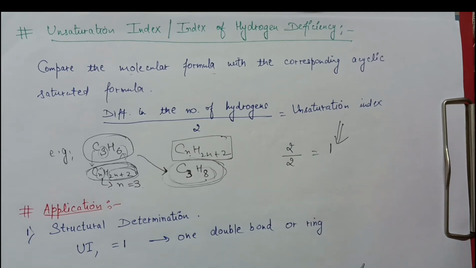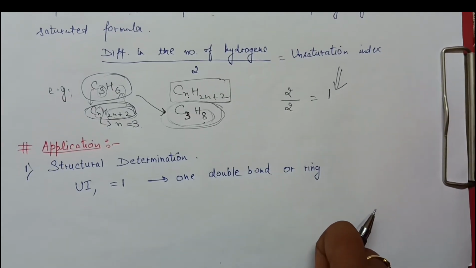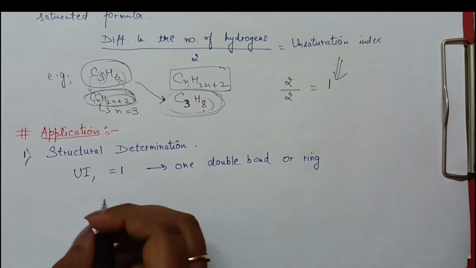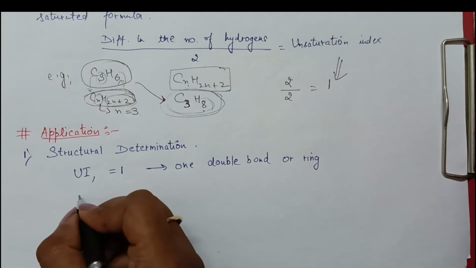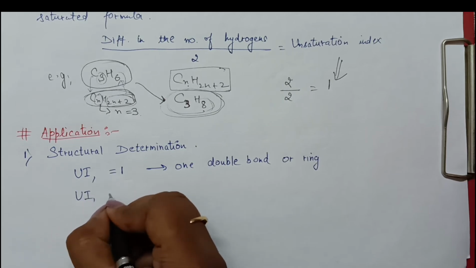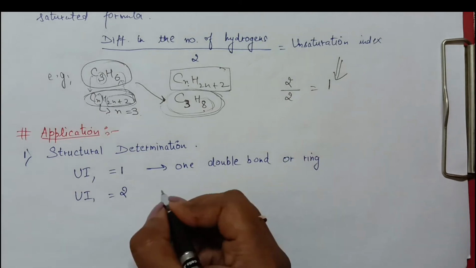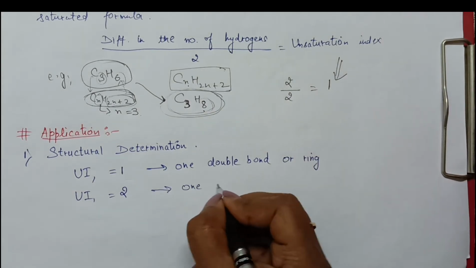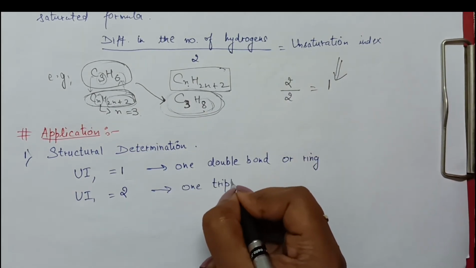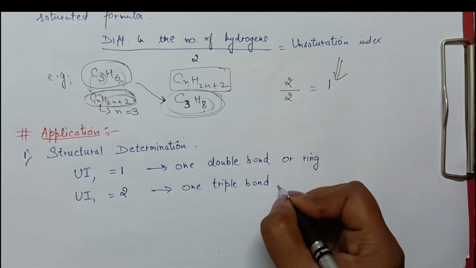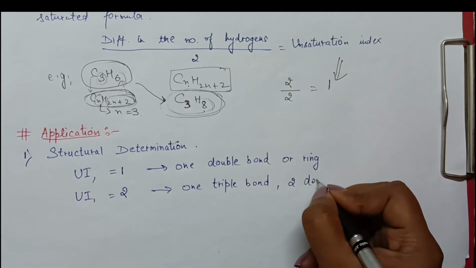Right, if unsaturation index is 1, then the molecule can have one double bond or a ring. Now if the unsaturation index equals 2, then it could have one triple bond, or it could have two double bonds.